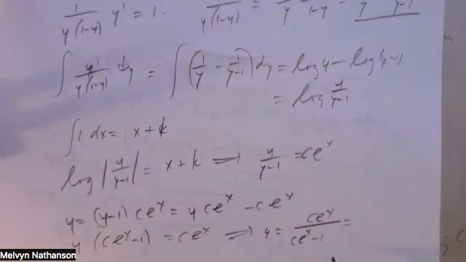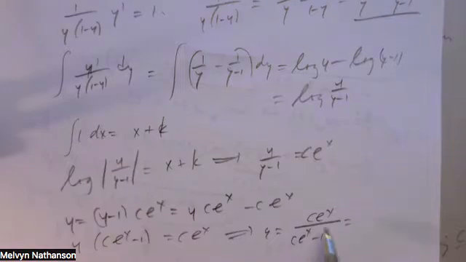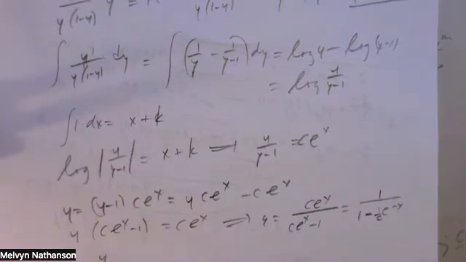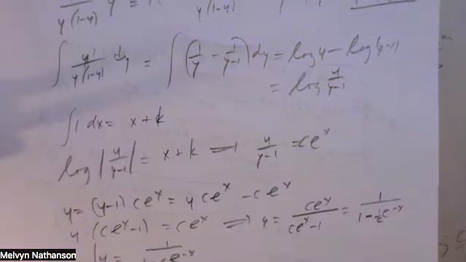Or if I want to divide by c e to the x, I get 1 over 1 minus 1 over c e to the minus x. And again, 1 over c is just another constant. So let's just say y is 1 over 1 minus c e to the minus x.